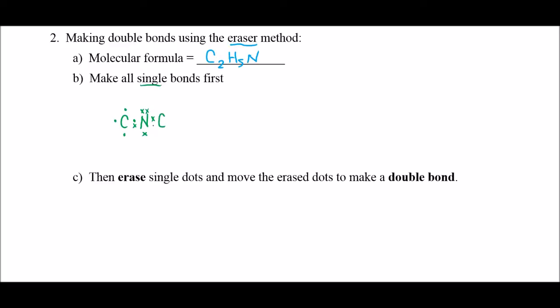Here will be my second carbon. Okay, that's a skeleton. It has 1, 2, 3, 4, 5, 6, 7 total bonding slots available. I only have 5 hydrogens. Therefore, I know there'll be some unoccupied spaces.